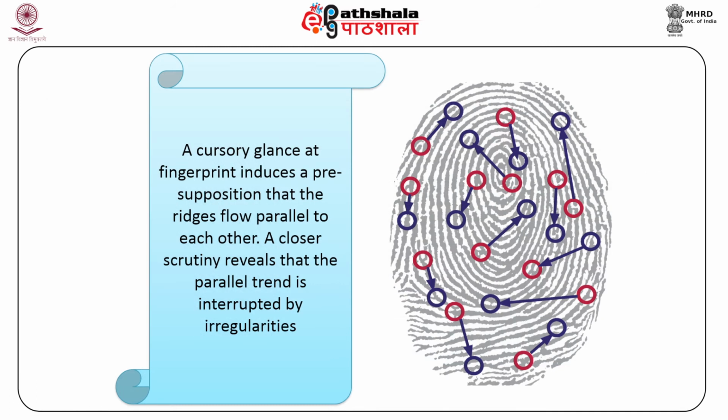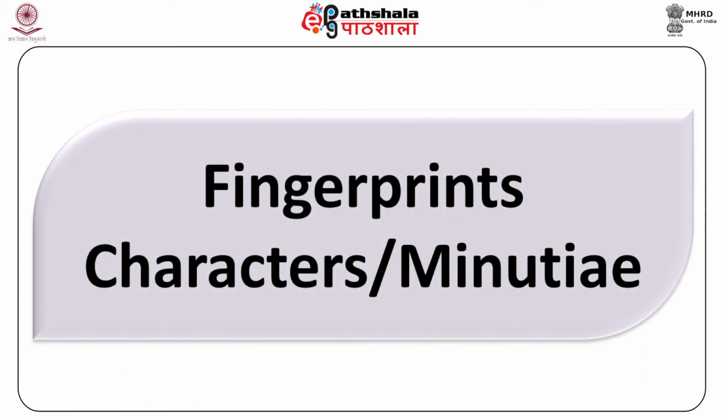A cursory glance at a fingerprint induces a presupposition that the ridges run parallel to each other. However, a closer scrutiny reveals that the parallel trend is interrupted by irregularities known as fingerprint characters or minutiae.